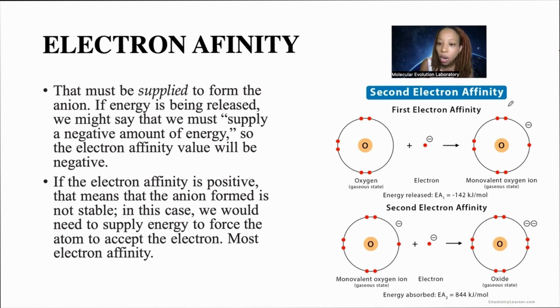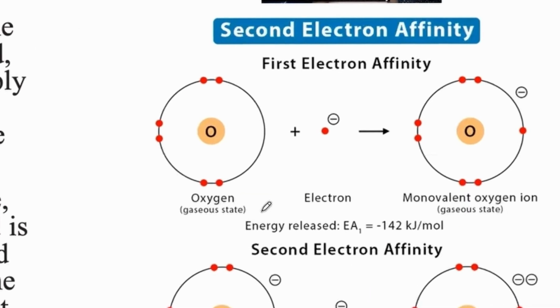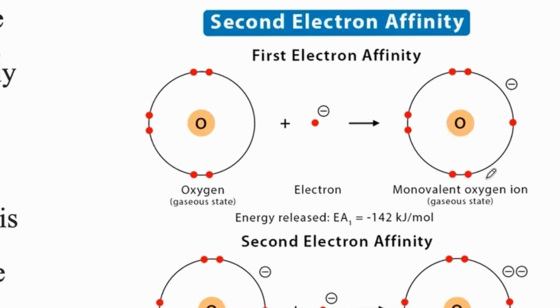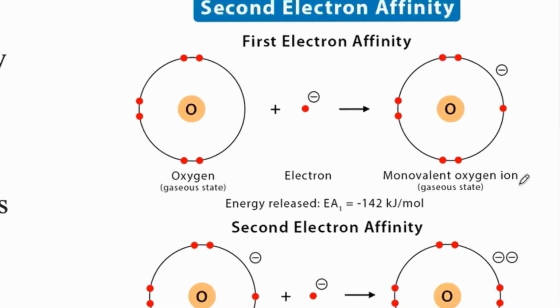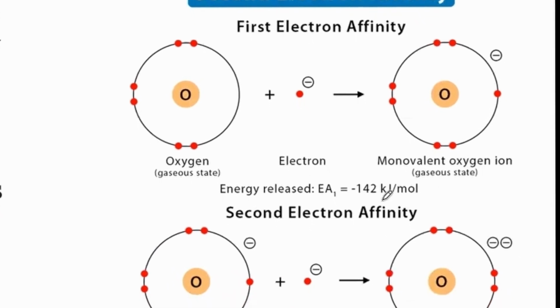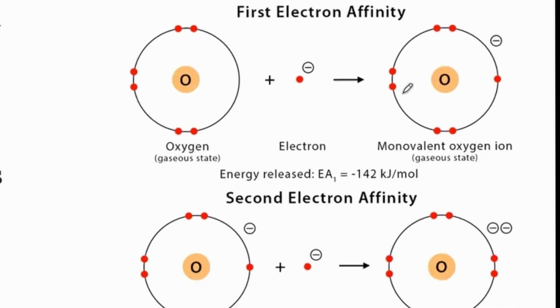So you have first order electron affinity as well as second order electron affinity. Where oxygen in the form of gas obtains an electron to become a monovalent oxygen ion, minus 142 kilojoules per mole was required.